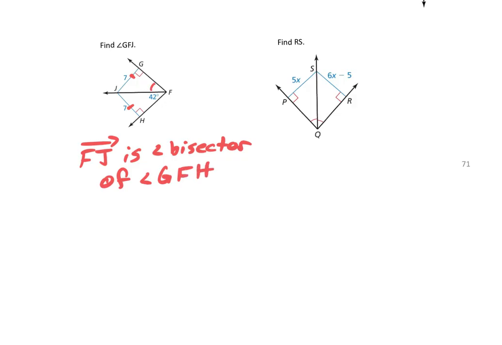So I know these two angles are going to be congruent. Okay? So that would be kind of my reasoning. Or you could even say something like, we have two 90-degree angles, and GF and HJ are congruent. Okay? There's a couple of different ways that you could say that information, but we do have enough information to prove that FJ is the angle bisector.